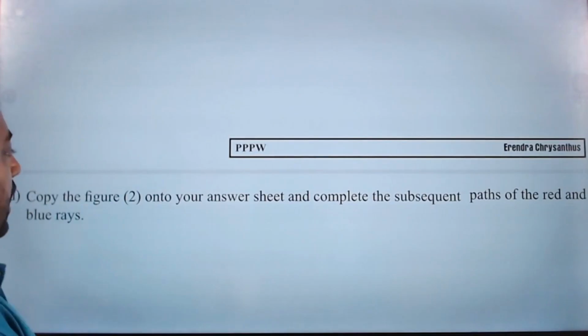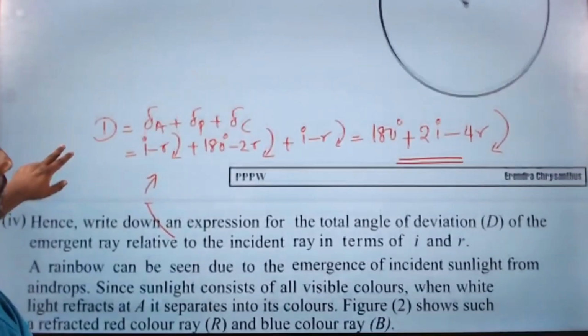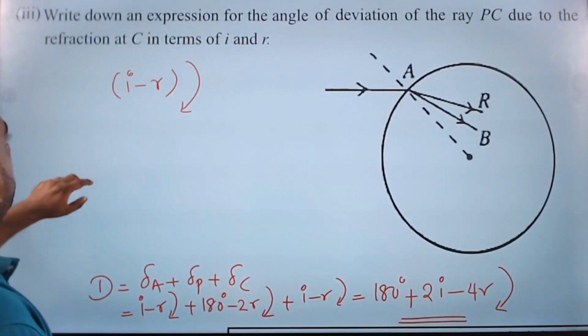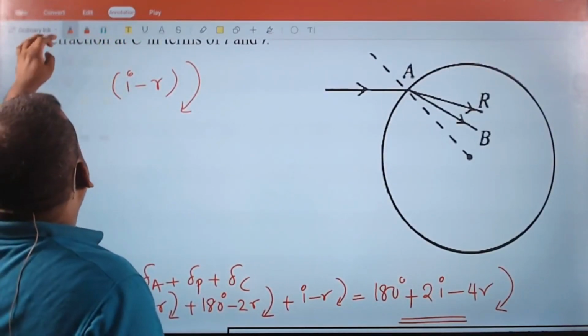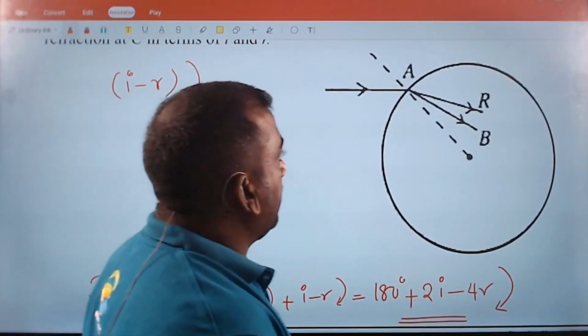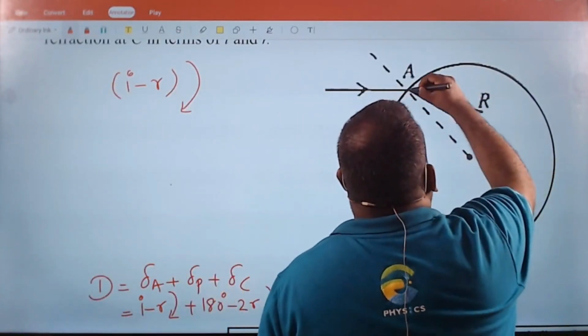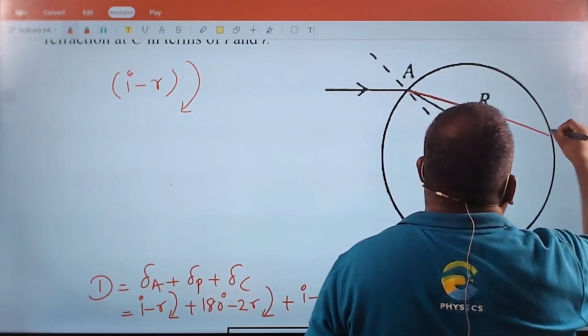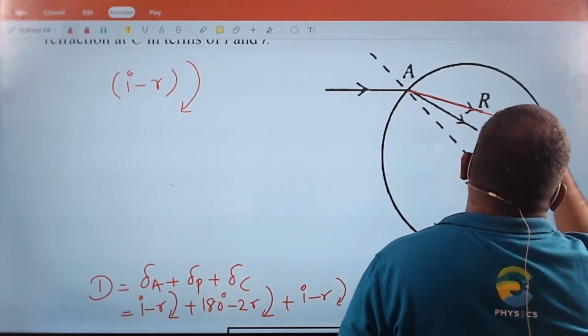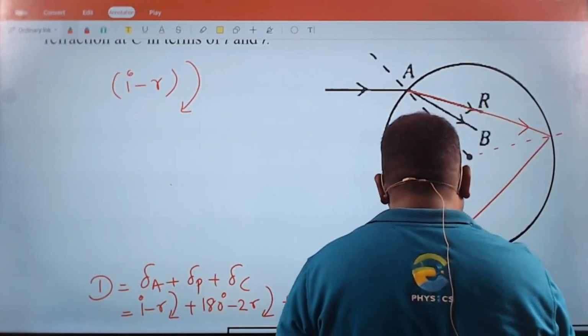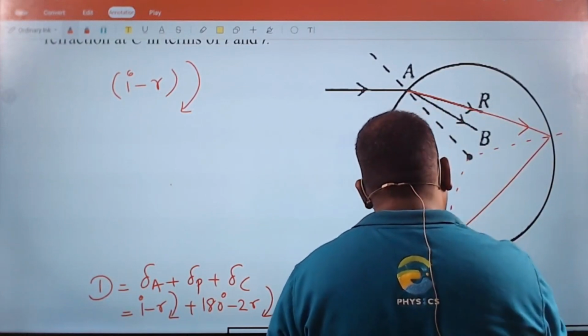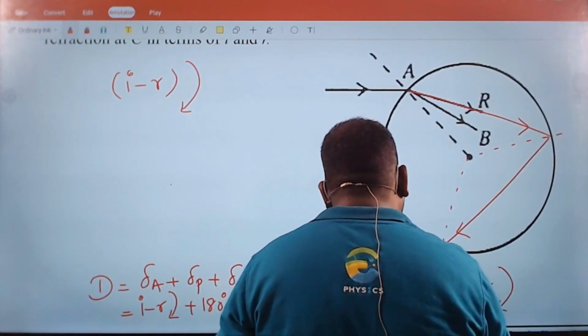Copy the figure into your answer sheet. Complete the subsequent parts of the red and blue rays. So I'll do it here itself. First we'll finish the red one. So the red ray will come here. Normal. Here. Deviate red.